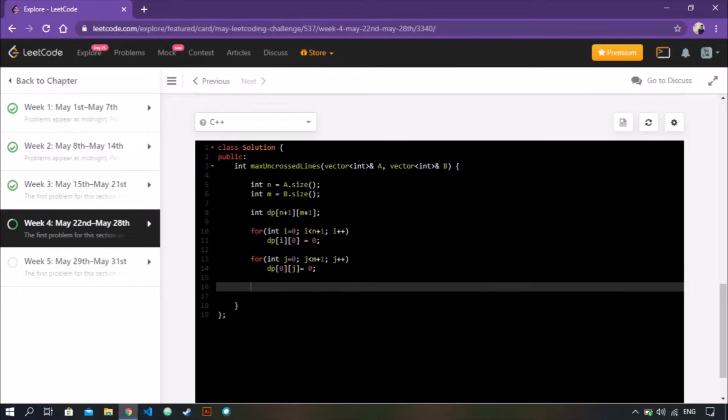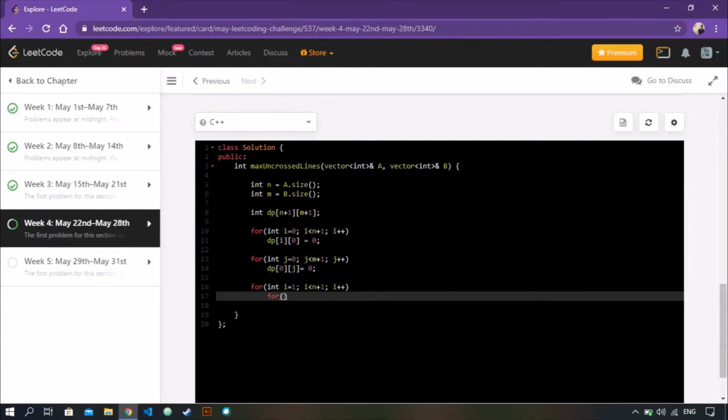Okay, now what we do, we start from 1, we go all the way to the last index. Same for the B array, start from 1 to m plus 1.